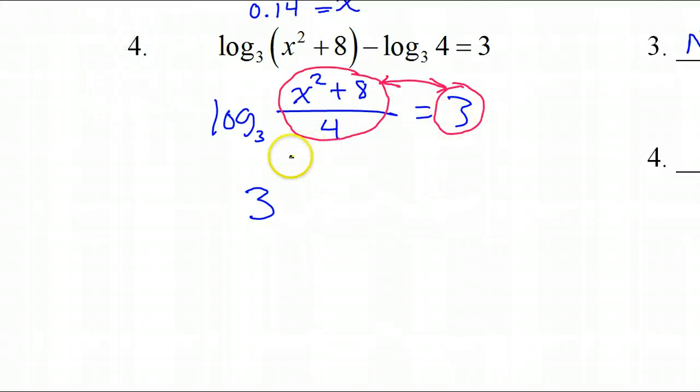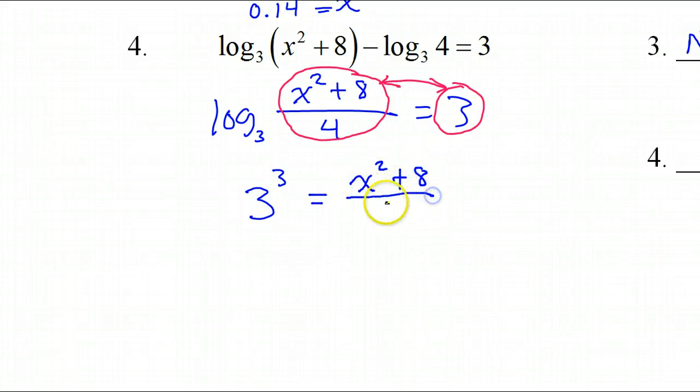I say sort of because when the 3 comes over here, it suddenly becomes an exponent, even though this was not an exponent. Now this is going to come over here to the right, so this will be x squared plus 8 over 4. So this is what we have. No log. Once you go to exponent form, there is no log in exponent form. 3 to the third power is 27.